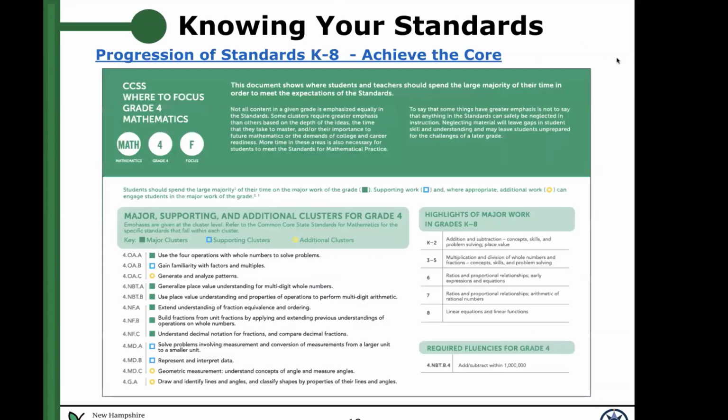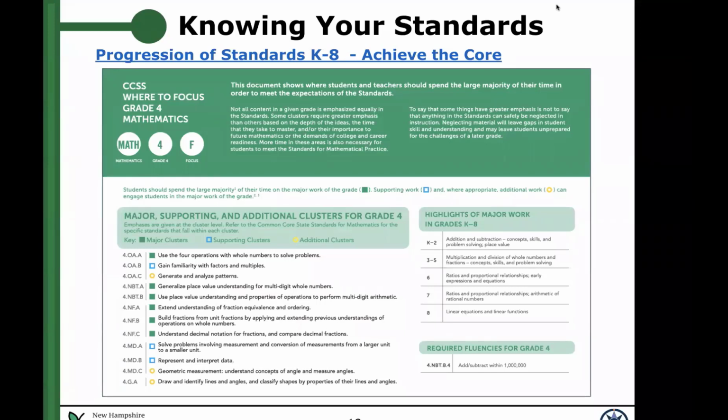You can progress the slides. Achieve the Core is a website that was really developed, and while they have both ELA and math supports and information, they really went into great depth in the math. So in each grade level, you can see the major, supporting, and additional clusters for each grade.